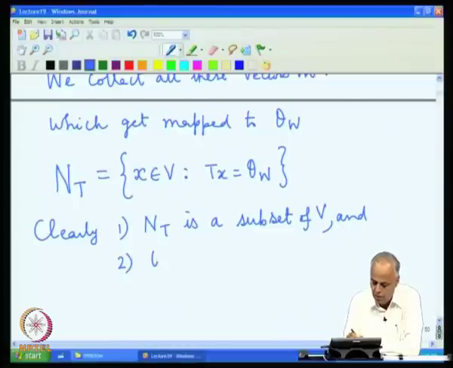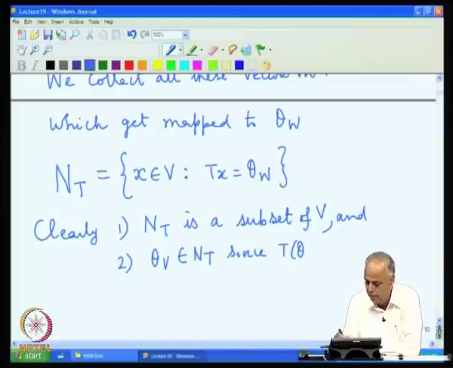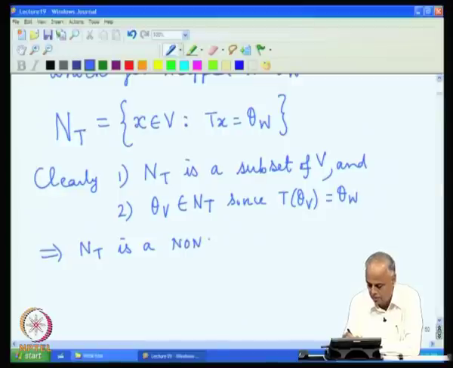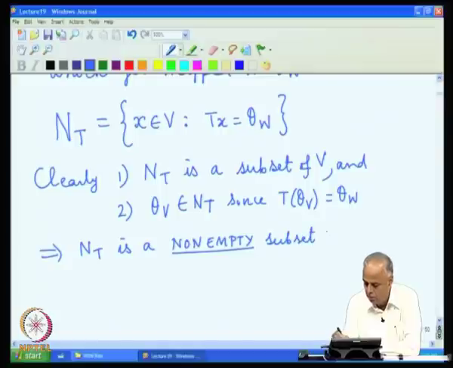So theta V belongs to NT since T of theta V equals theta W, and therefore NT is a non-empty subset of V, because there is at least one vector, namely theta V, which belongs to NT.